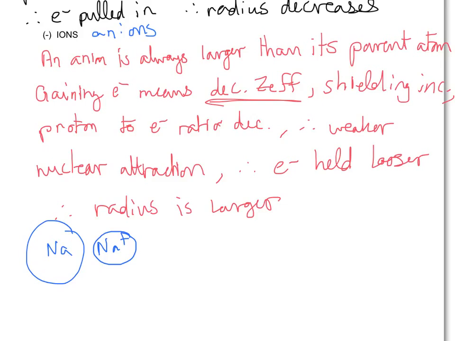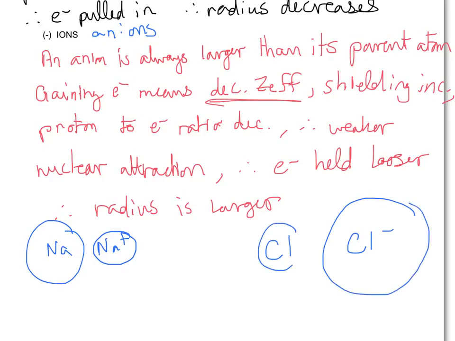If we compare chlorine with its ion, Cl-, Cl- gained electrons, so your Zeff decreases, and so an anion would be larger than its neutral parent.